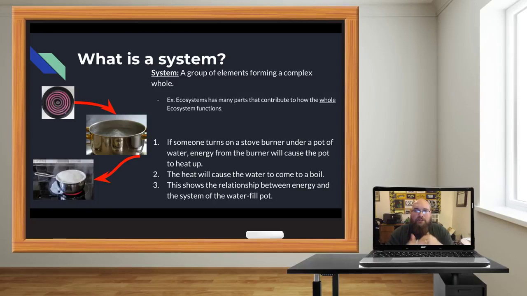That energy causes change, it does work, and it causes the water to boil. So this is an example again of a small system, but systems can be as large as you want. It could be looking at the whole universe, a solar system, a whole planet. Anything that a scientist needs to look at specifically to study is considered a system.